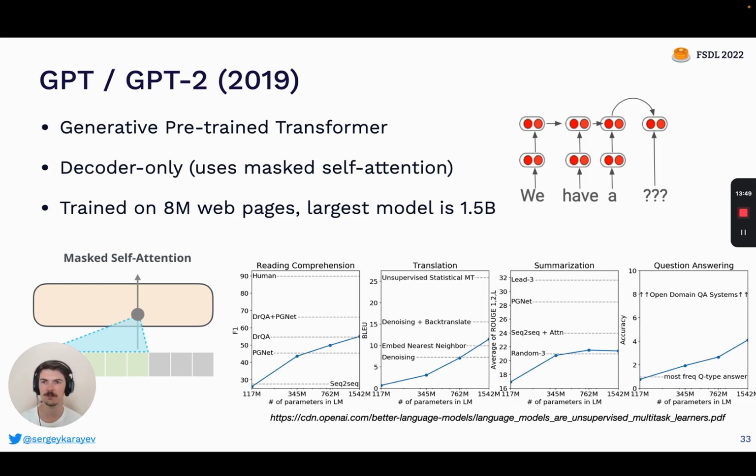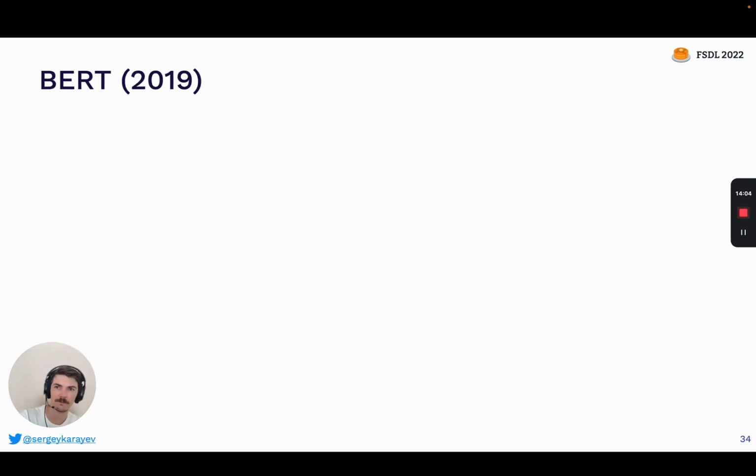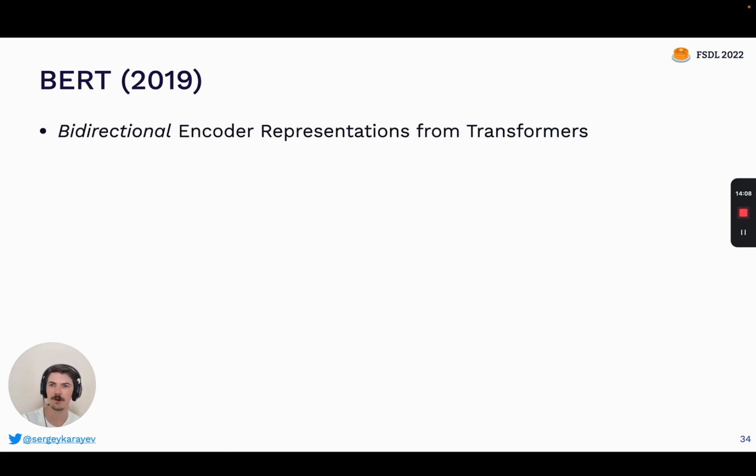GPT-2 was the largest model at the time that it was published, and it hadn't even saturated the training data that it was trained on. So they basically observed, hey, stuff keeps working better the more parameters we give it, and there's no end in sight to that yet.